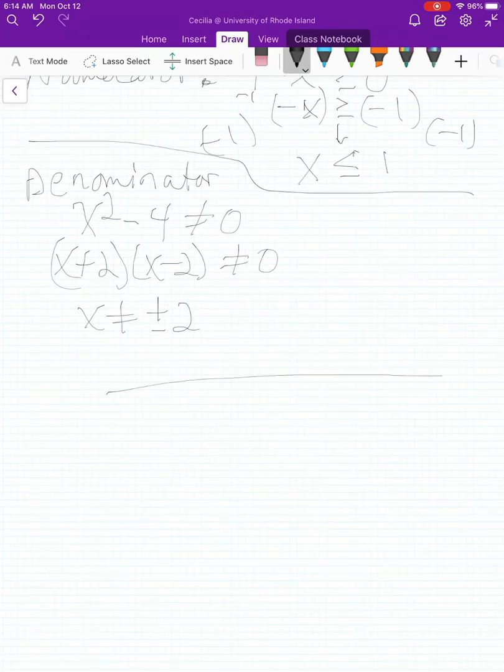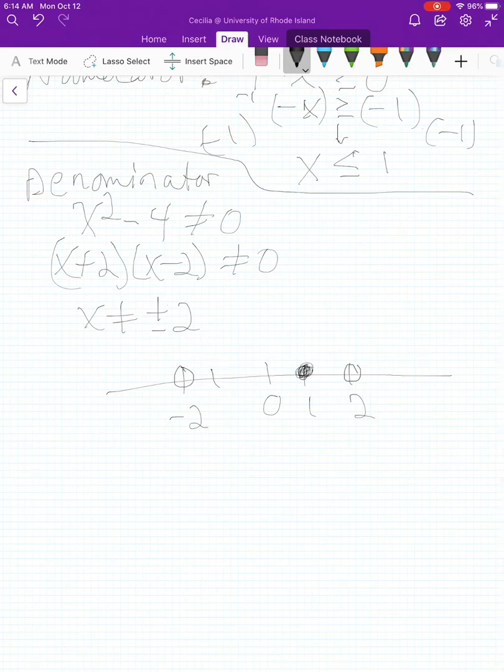So we know if we do a number line and we have a 0, we have a 1, we have a 2, and we have a minus 2. All right, so we know that x cannot be plus or minus 2. So let's put open circles there. And we know that x has to be less than or equal to 1. So it can be equal to 1.